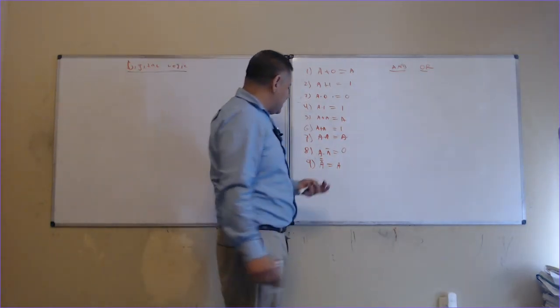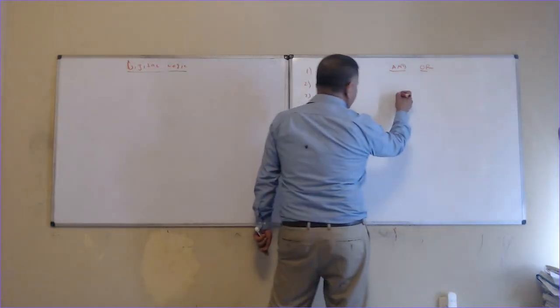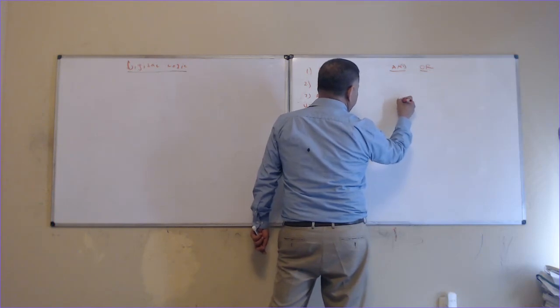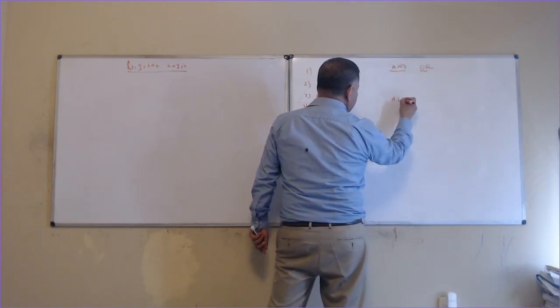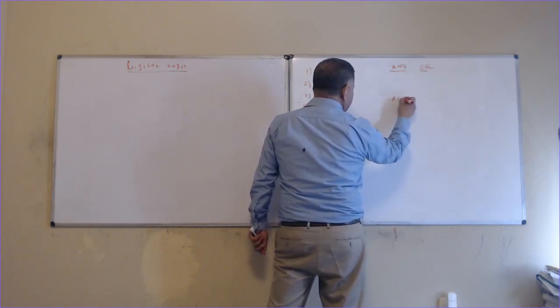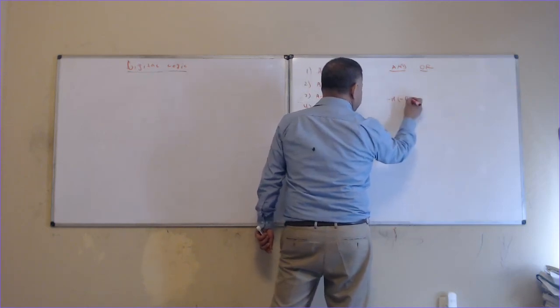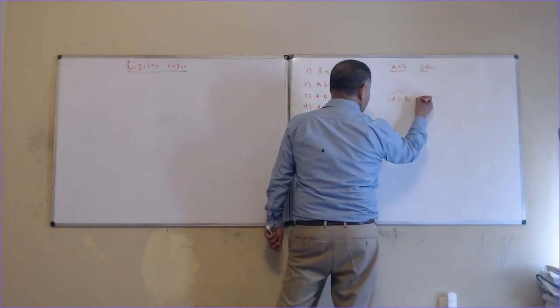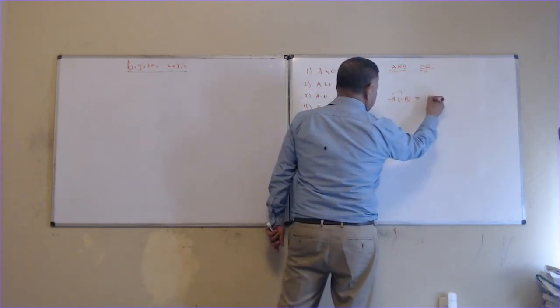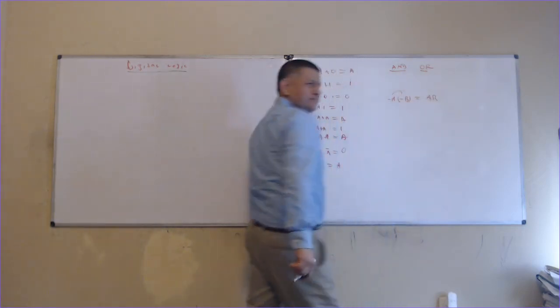Why? Because if I am negating A, if I do something like this, A minus A multiplied by minus B, what is going to be the product? Using normal algebra, this is going to be AB.